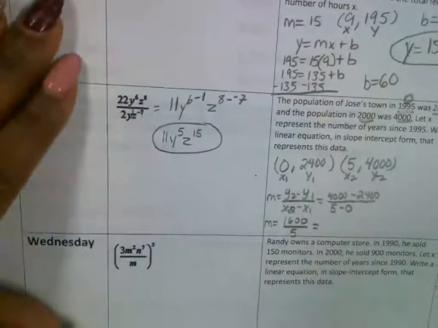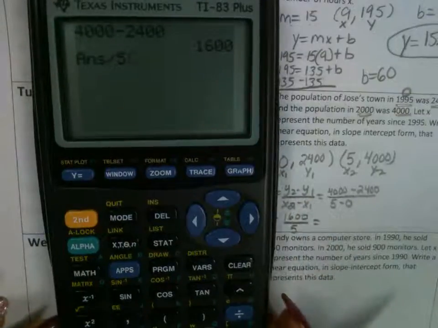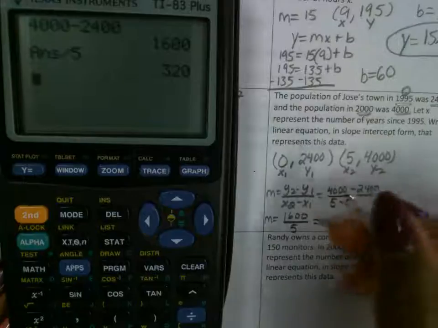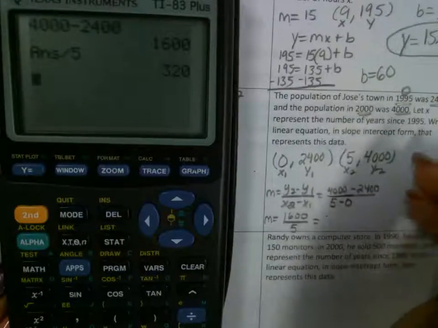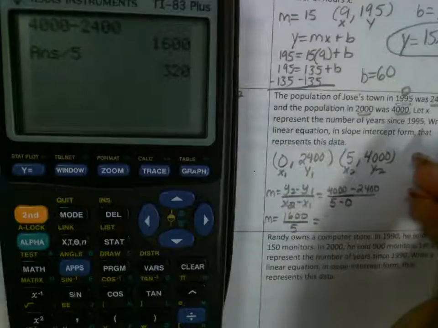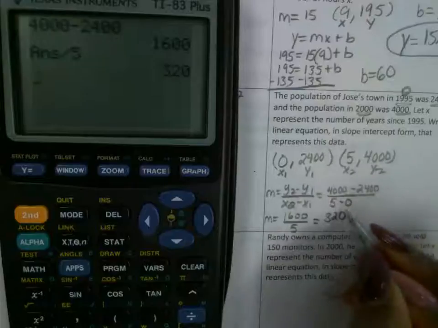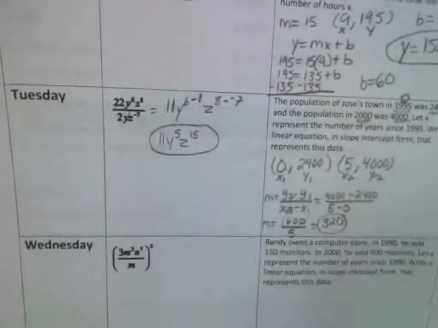Let's simplify that. 1,600 divided by 5. What does that give us? 320. So your slope here is going to be 320 people per year. That's going to be the slope, 320.